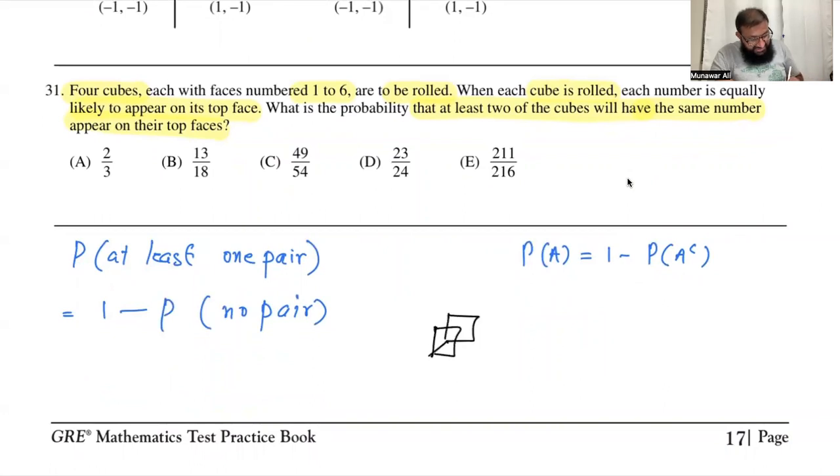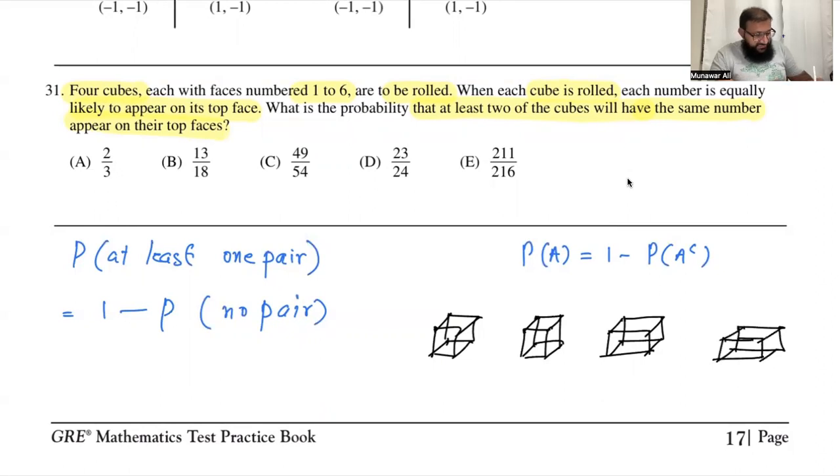This is, let's say, the first cube, this is the second cube, this is the third cube, and this is the fourth cube. We have to look at their top face.